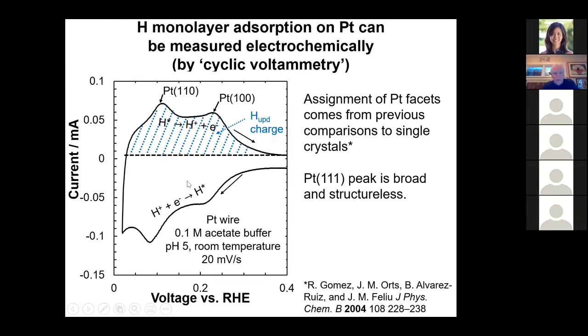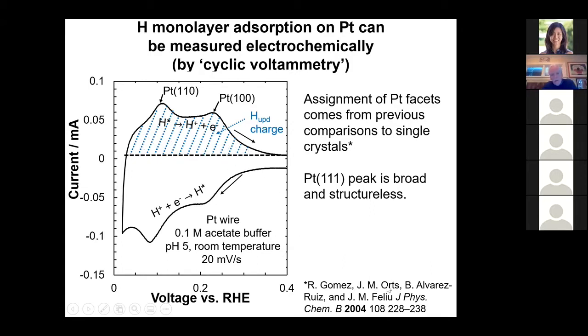This is the hydrogen adsorption desorption region, and the peaks can be assigned based on single crystal experiments. Not shown here is a big broad part here that kind of looks like this. You can see my cursor that shows that's the part due to the terrace-like, platinum 111 terrace-like sites.